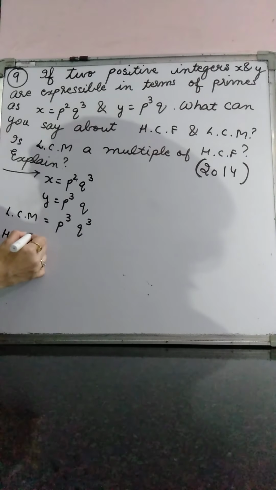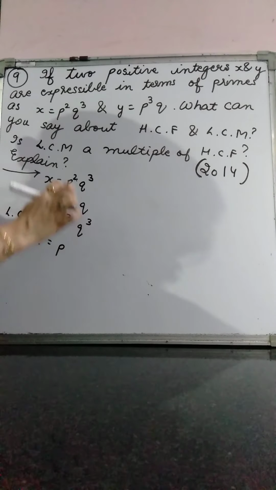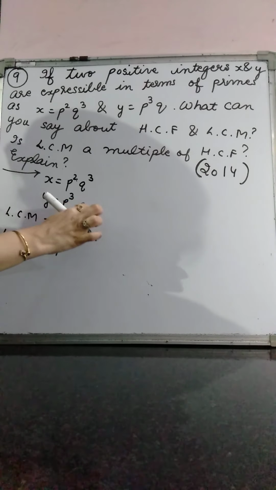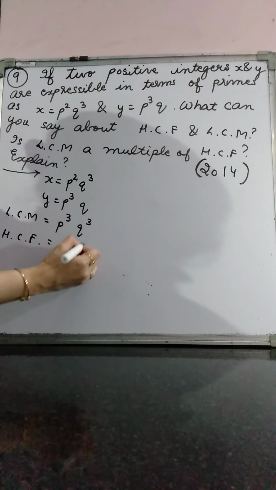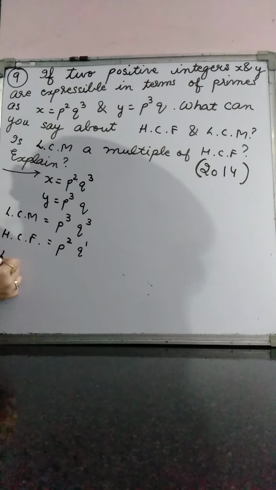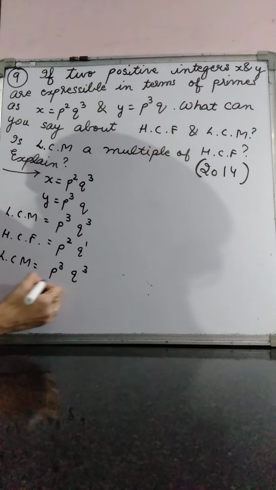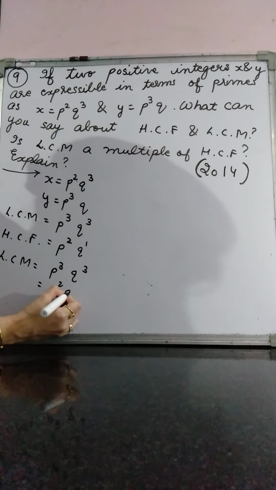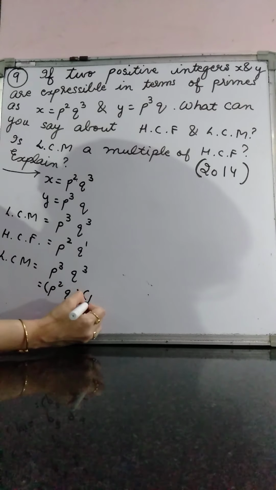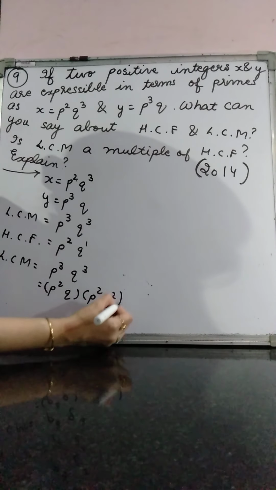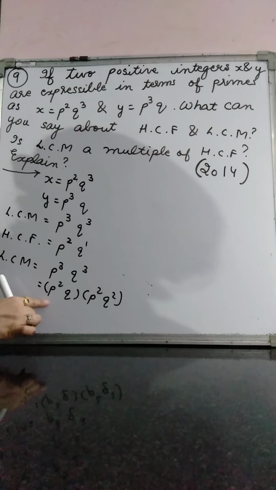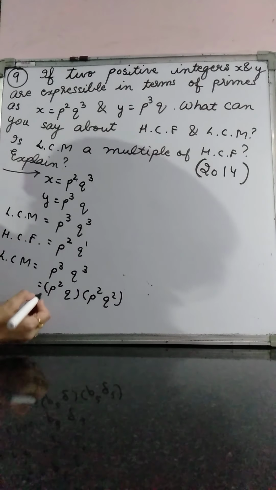For HCF, the smallest power of p is 2 and the smallest power of q is 1. Now LCM is equal to p cube q cube. Write it as p square q and p square q square. Instead of p square q, you can write HCF.